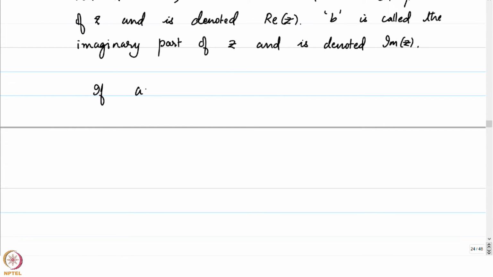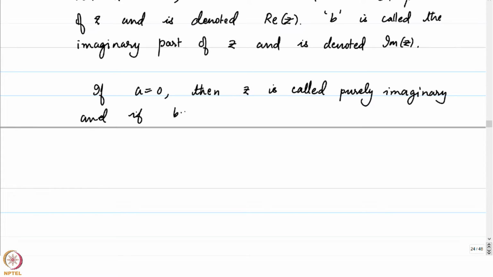If a is equal to 0, then z is called purely imaginary. There is no real part to it. And if b is equal to 0, then z is purely real, or is a real number.